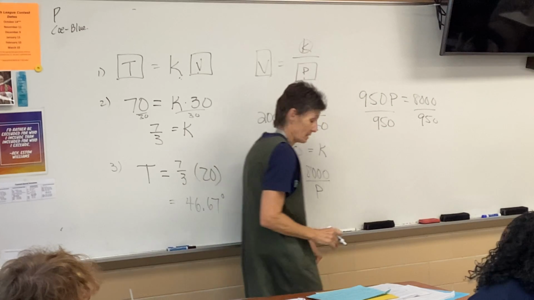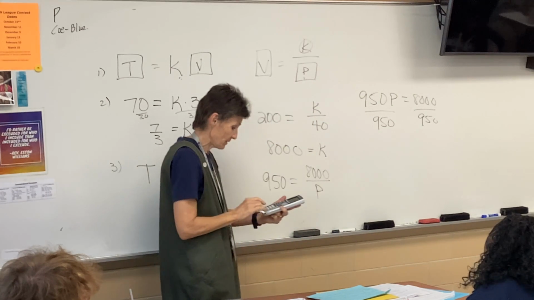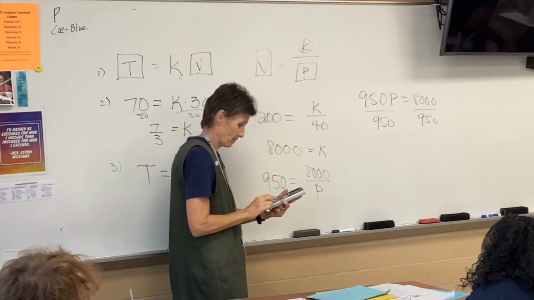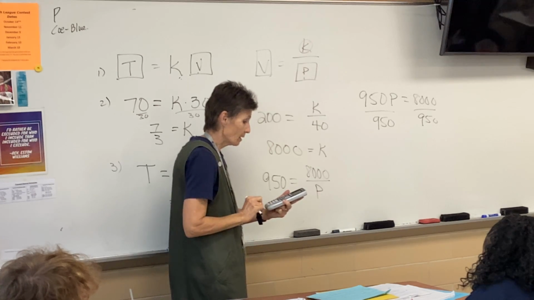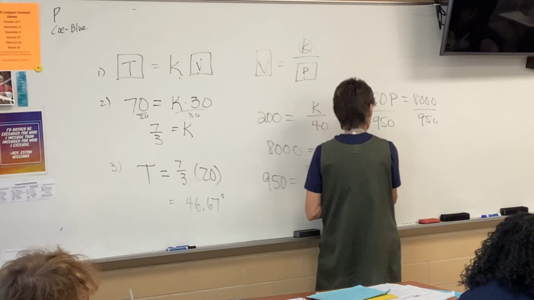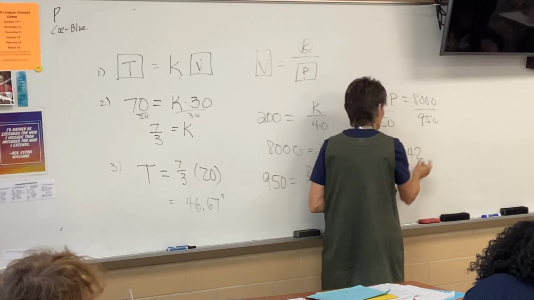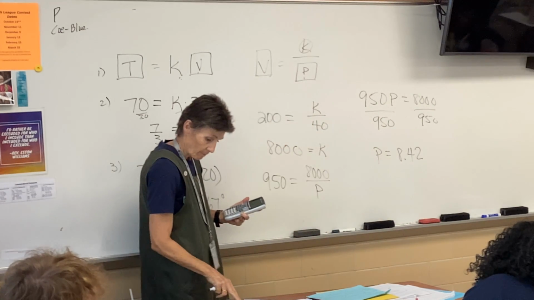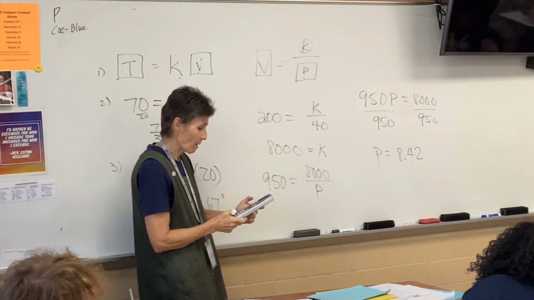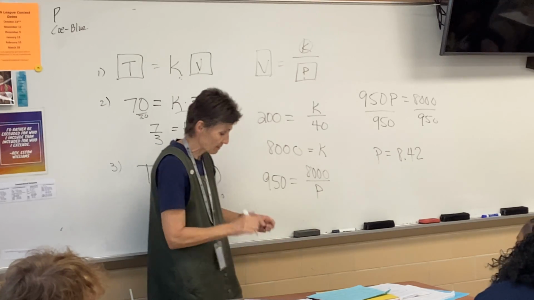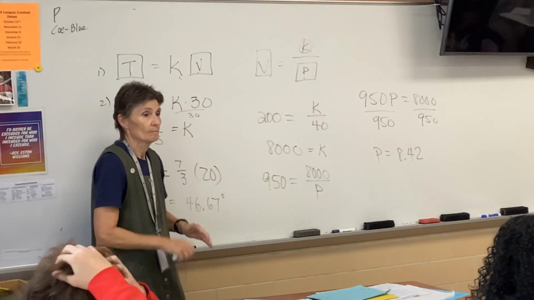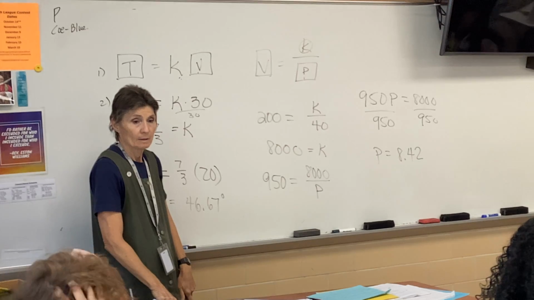Whatever 8,000 divided by 950 is, yep, 8.42. So P is 8.42. And there's no unit on that, probably pounds, but I don't know, so I'll see. Okay?